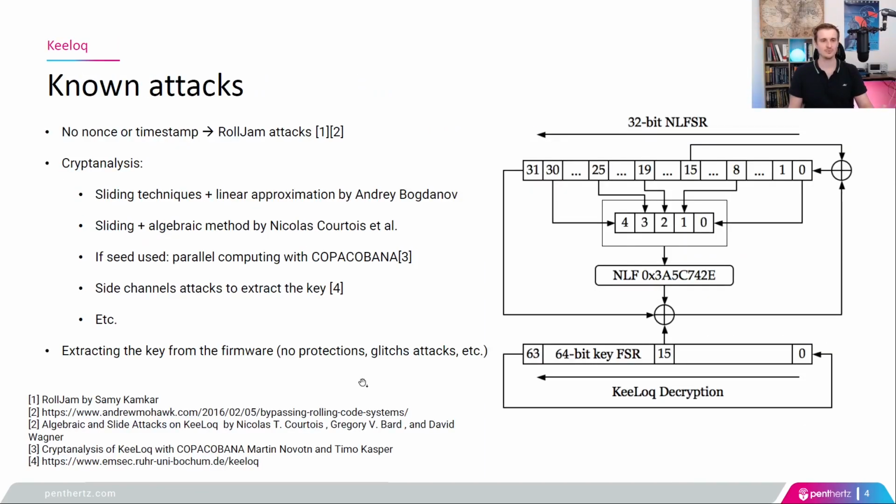This is the purpose of every rolling code attack. There were also some side channel attacks to extract the key, and there are also ways to extract the key just by dumping the firmware, for example if there is no read protection mechanism.